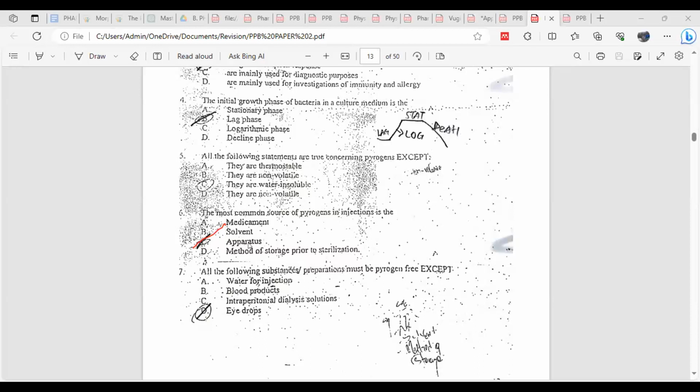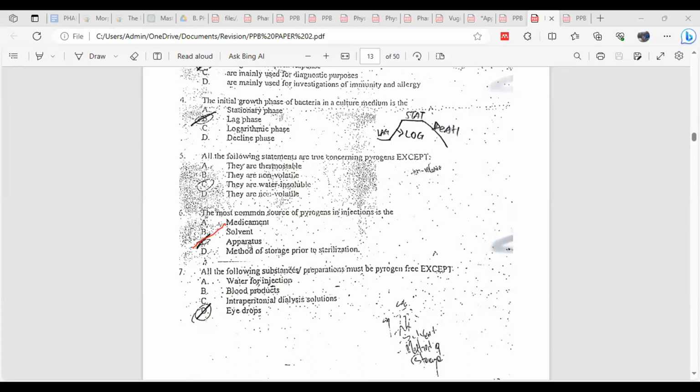All the following substances or preparations must be pyrogen free except: water for injection, blood products, intraperitoneal dialysis solution, eye drops. So this is the exception when it comes to pyrogens.